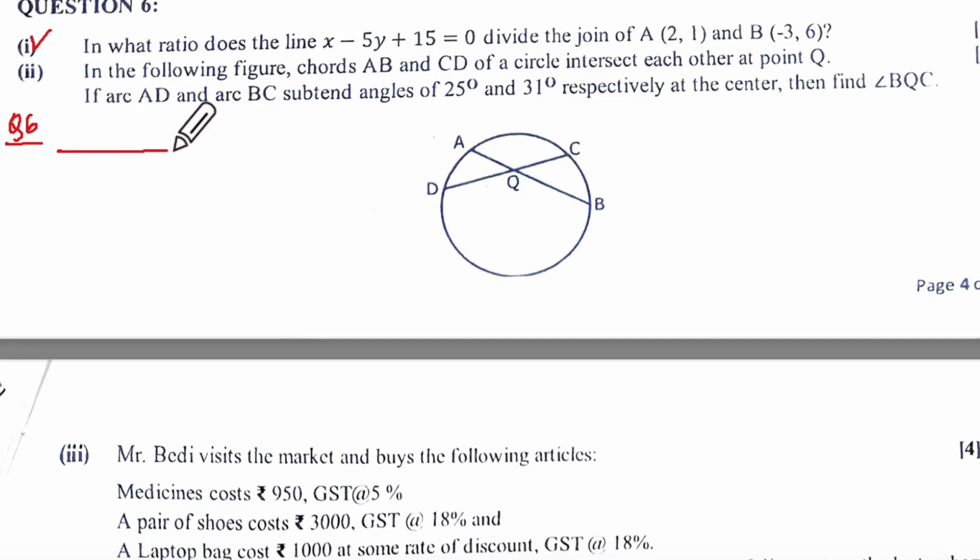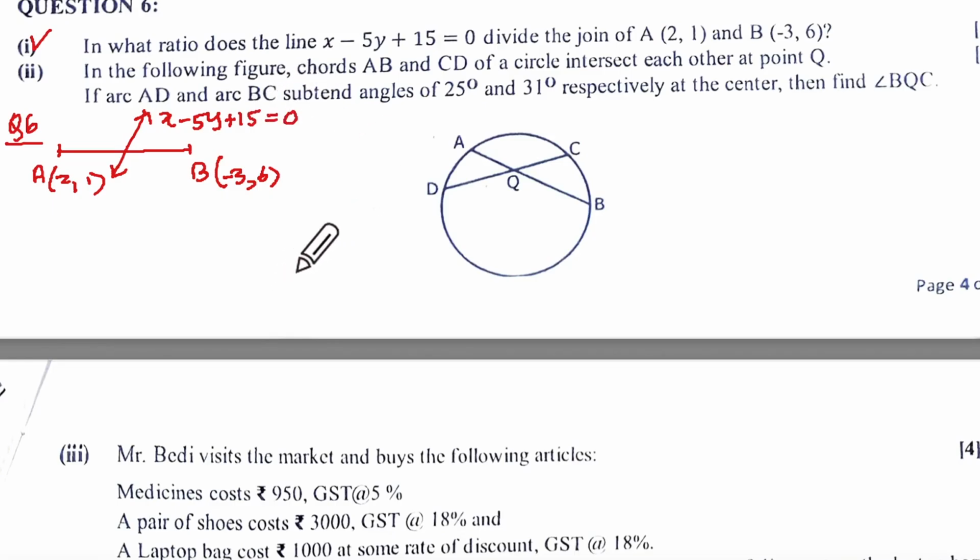So I will first give the diagrammatic representation and I'll write A and B here. A is (2, 1). B is going to be (minus 3, 6). Okay, and I'm just going to show one line which is cutting, which is x minus 5y plus 15 equal to 0.